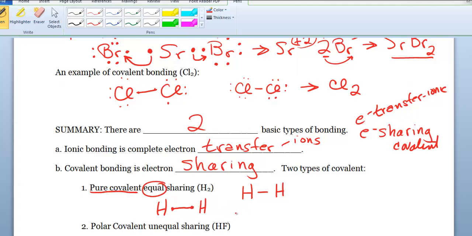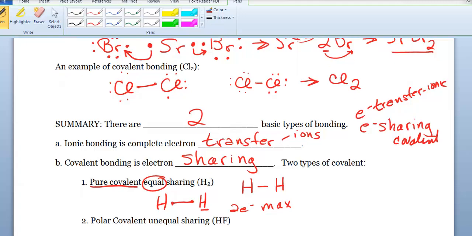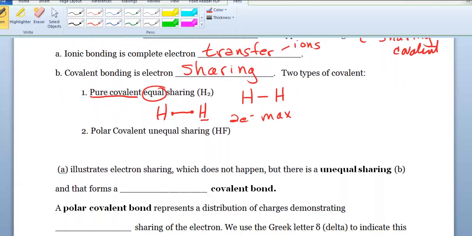The nearest noble gas for hydrogen, of course, is helium, which only has two electrons. So just like 8 electrons was perfect for all the other elements to get a noble gas configuration, hydrogen only wants 2 electrons, and it is at a very stable place when it has 2.